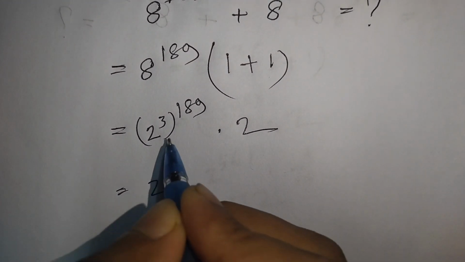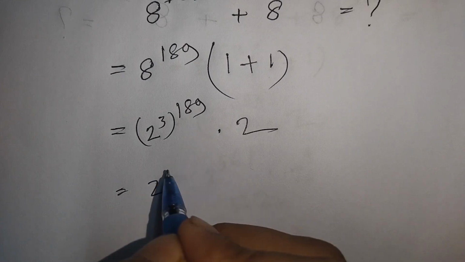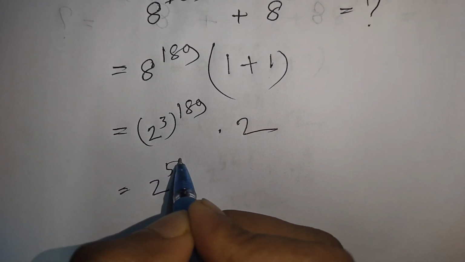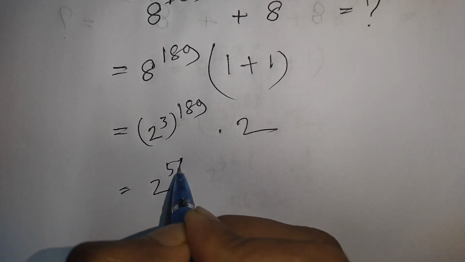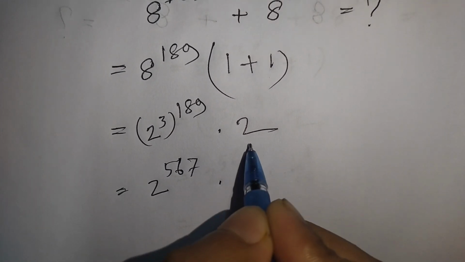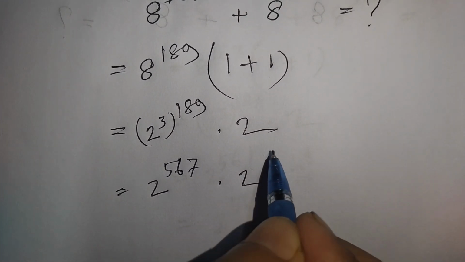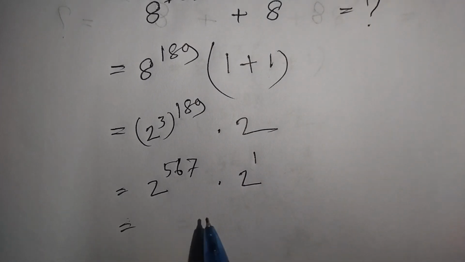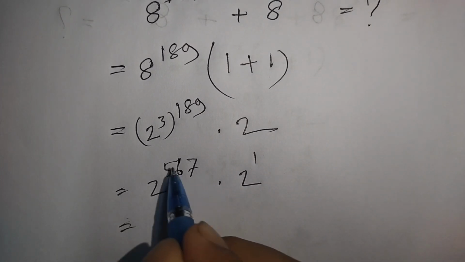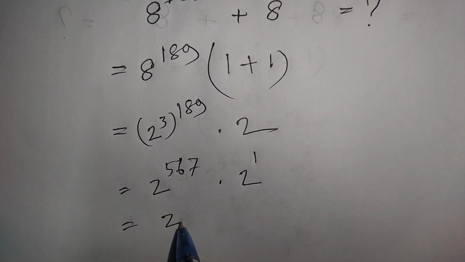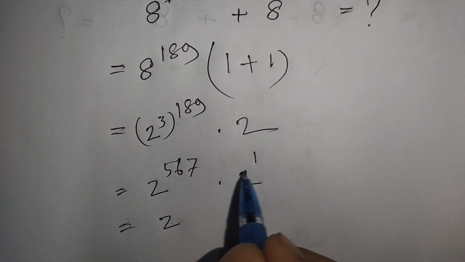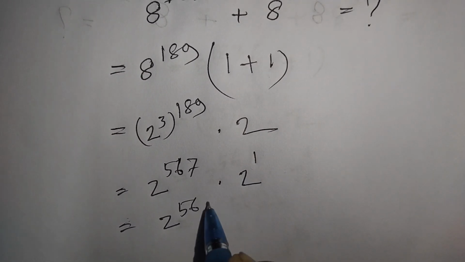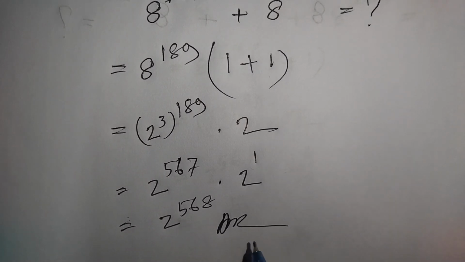Now 2 to the power 3 times 189, that means 567, times 2 is same as 2 to the power 1. Now we see two same bases but different powers, so we can write here 2 to the power 567 plus 1, that means 568. So 2 to the power 568 is the correct answer.